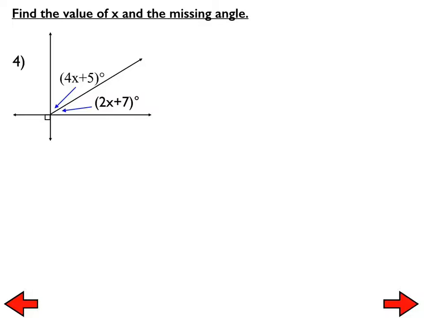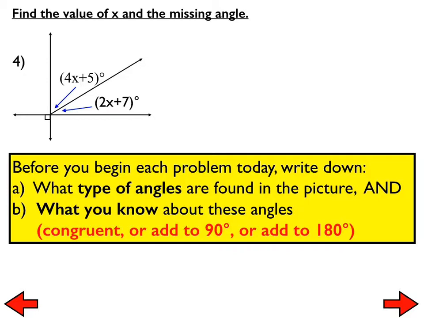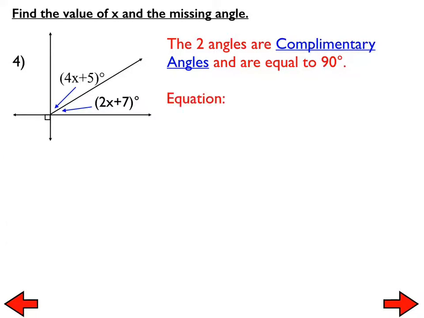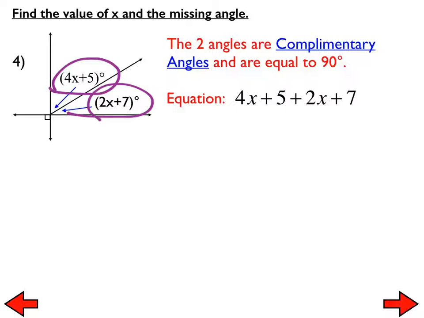This is what we have talked about at the very beginning of the period today. This is a right angle, as you can see in the picture. Therefore, those 2 angles are complementary, and that means that they have to have a sum equal to 90 degrees. So we're going to end up with 4x plus 2x plus 7. The sum of this and this is supposed to be equal to 90.